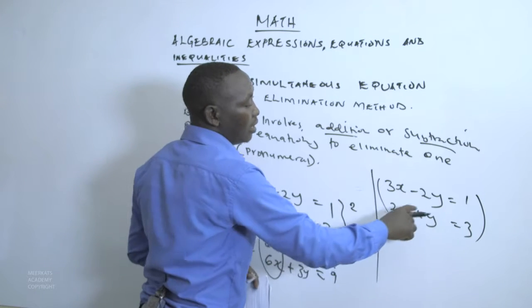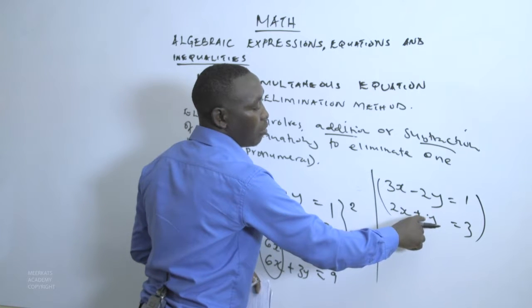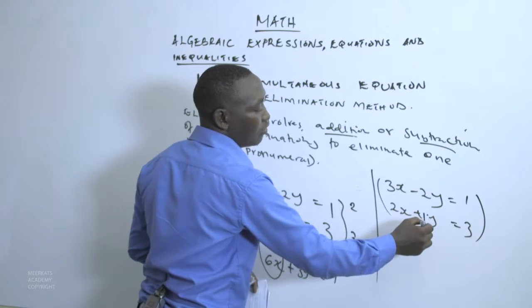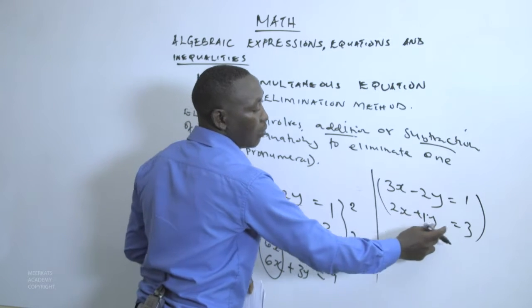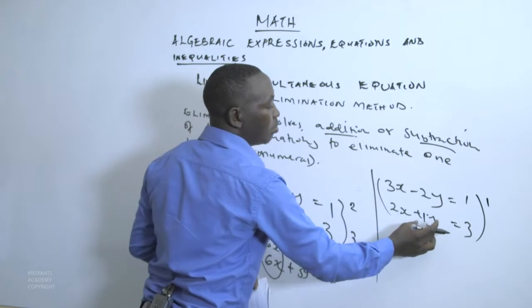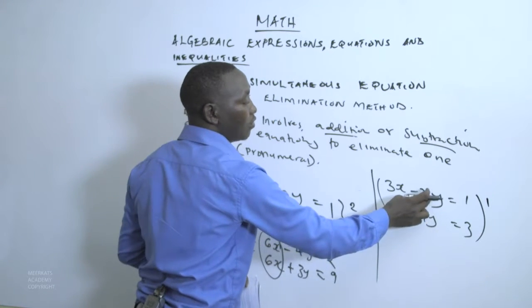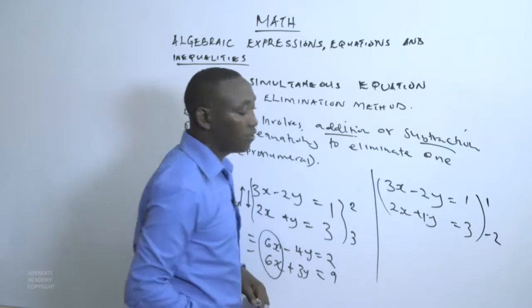We multiply the first equation with the coefficient of y in the second equation, which is positive 1. Then we multiply equation 2 with the coefficient of y in the first equation, which is negative 2.